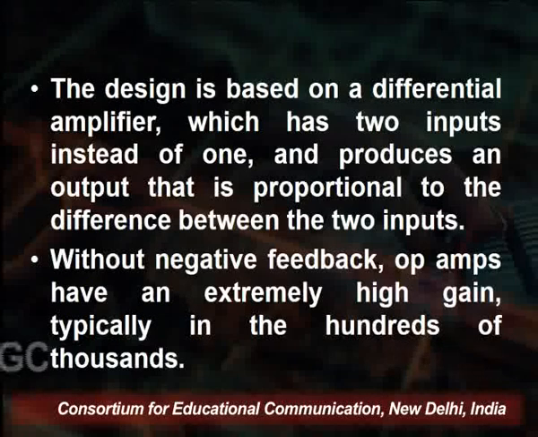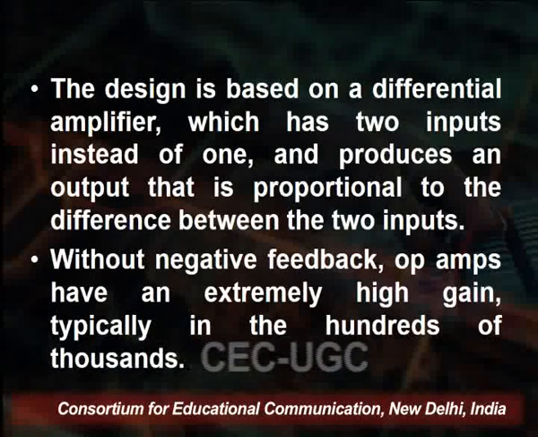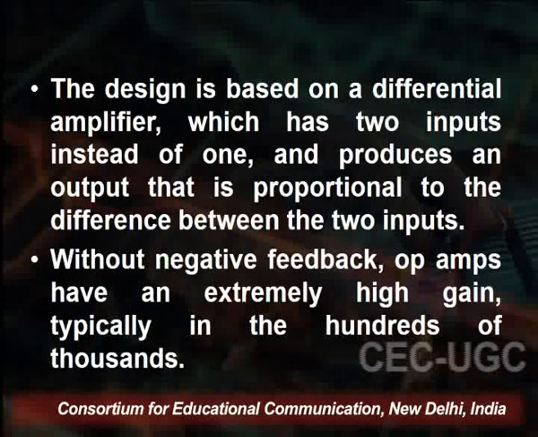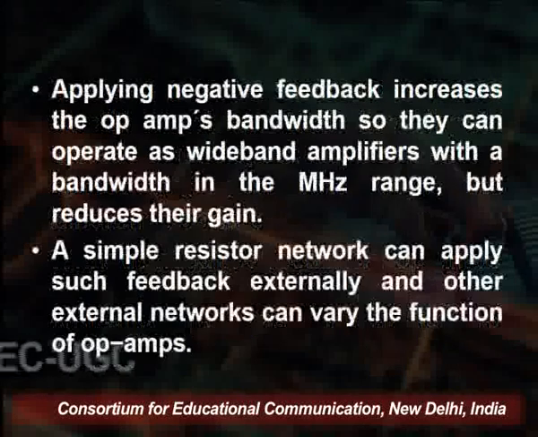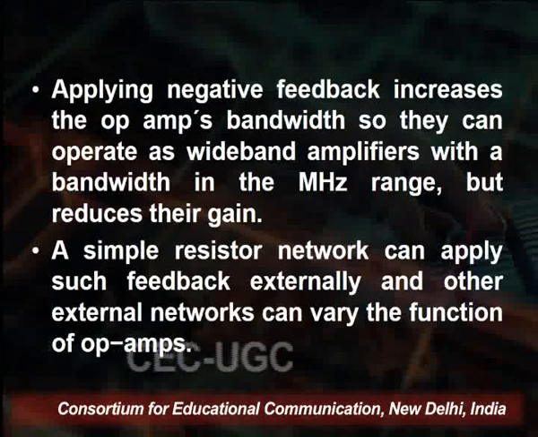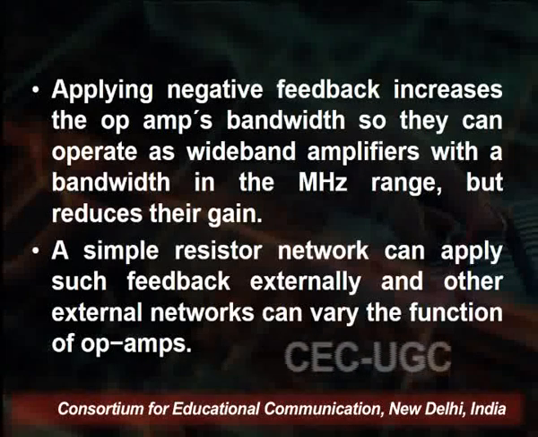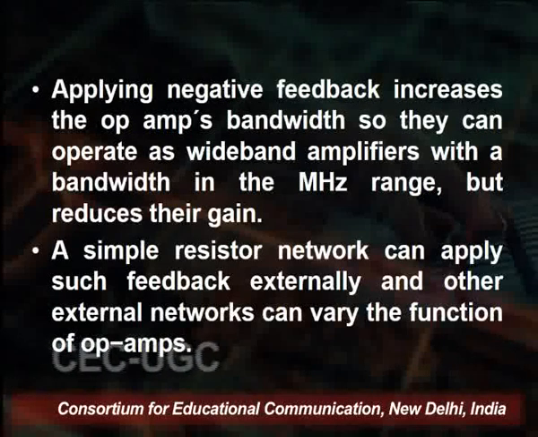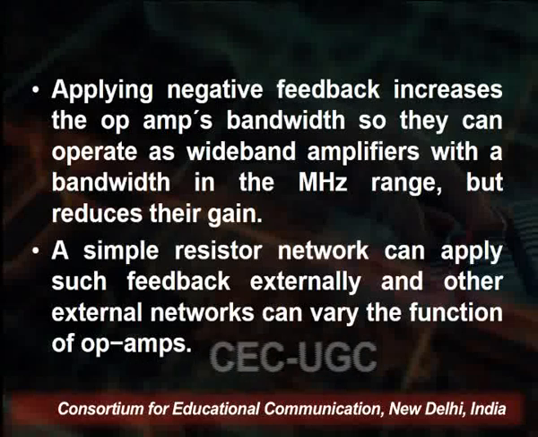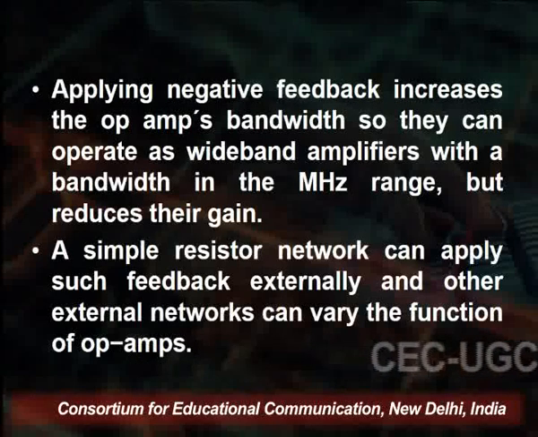Without negative feedback, an op-amp has an extremely high gain, typically in the hundreds of thousands. So its gain is very high, and it is used in many electronic circuits. Applying negative feedback increases the op-amp's bandwidth, so it can operate as a wide band amplifier with a range up to megahertz, but it also reduces gain.